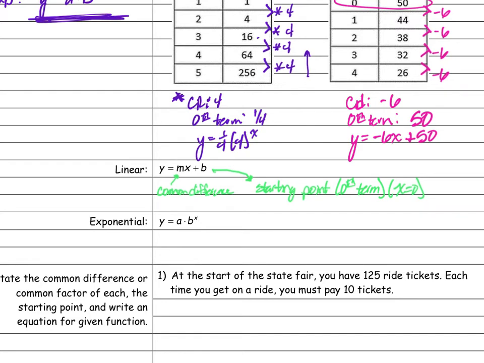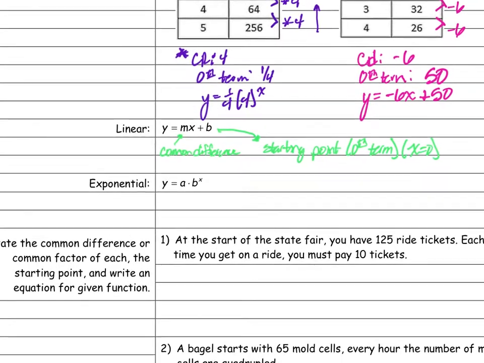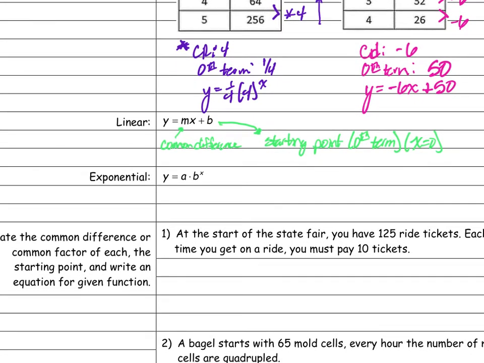Okay, so exponential equations. A, we're going to start with A this time. A is my starting point. Initial value, you'll hear, right? Starting point. So that's my 0th term, or x equals 0, however you want to think about it, because different people think about it differently.